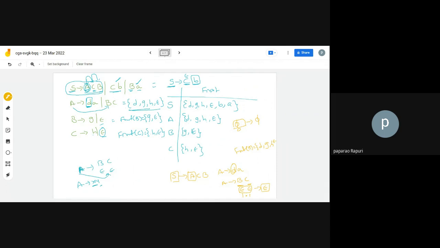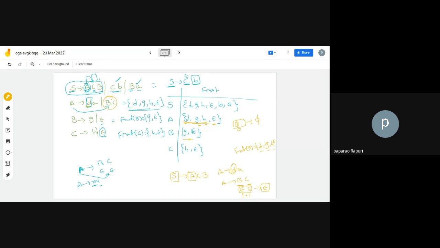So from that we got first of A, sir. First of A is D, G, H, epsilon. So from this we got G, H, epsilon, and from this we got D, sir. So finally D, G, H, epsilon. So this is the first set of A.